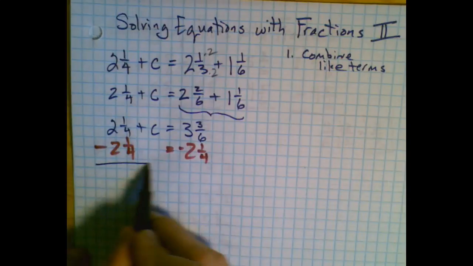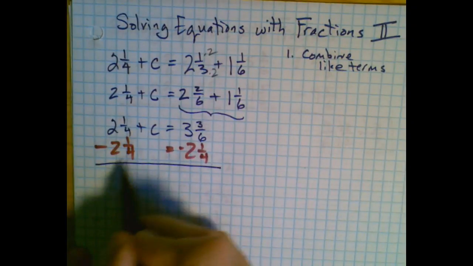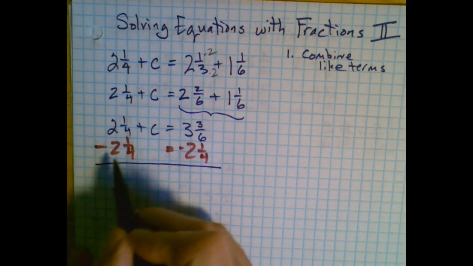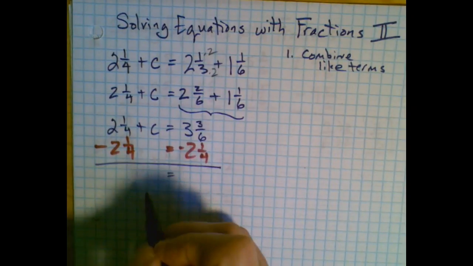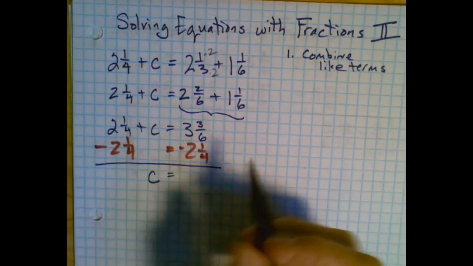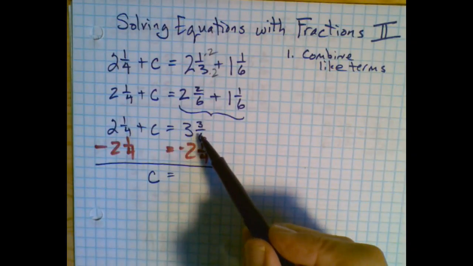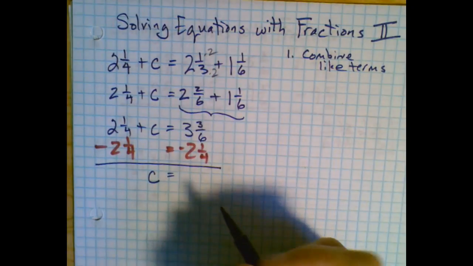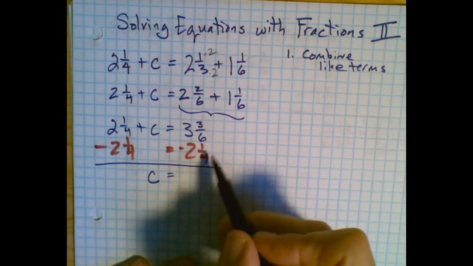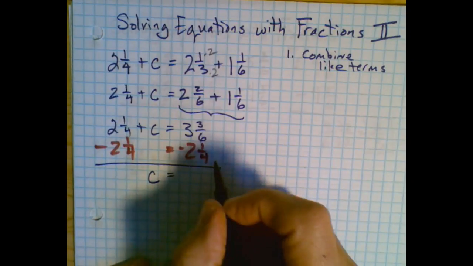So when I do that, these 2 terms here will cancel each other. 2 1/4 minus 2 1/4 is 0. That means the only thing left on the left side is c. On the right side, I have 3 3/6 minus 2 1/4. Let's put them with the same denominator, because notice I have different denominators. I must make them the same.